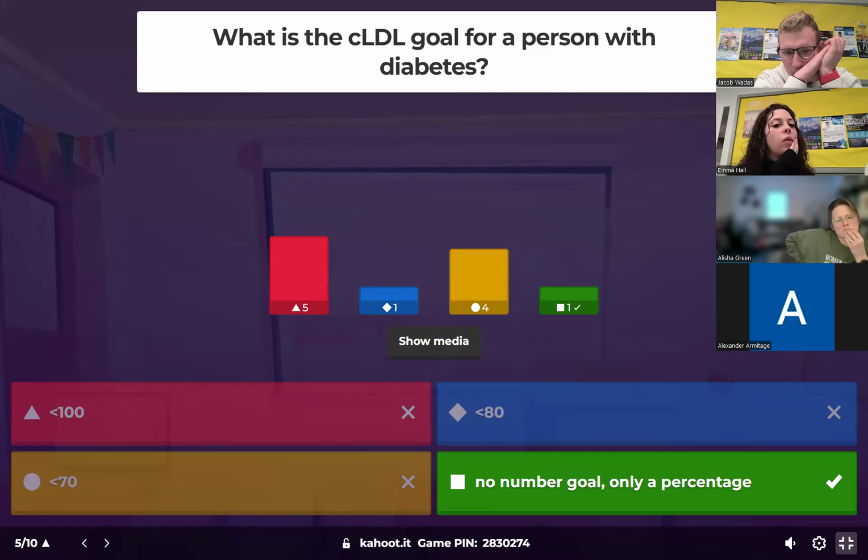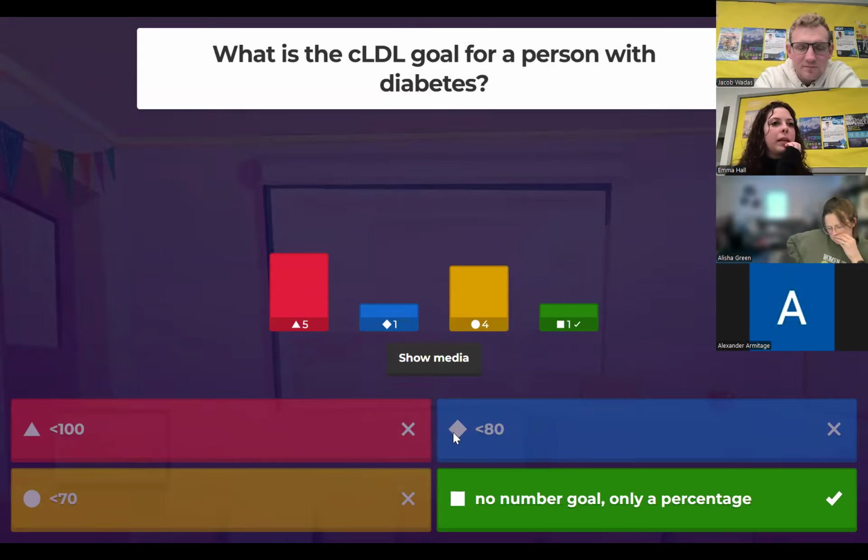You would still have a goal range of less than 70 or less than 100, but it's dependent on what that percentage is. If we're at less than 7.5%, then we're not really considering it as much compared to somebody greater than 7.5%, where we can consider the high intensity statins and bring them down to less than 100 or less than 70. Sorry, this one is worded a little bit weird, but that's what they mean by only a percentage. We still have a goal for these patients.